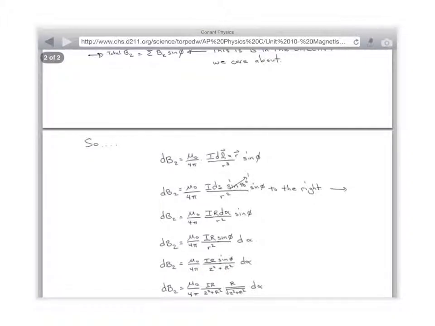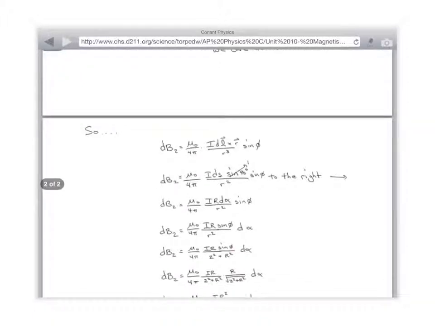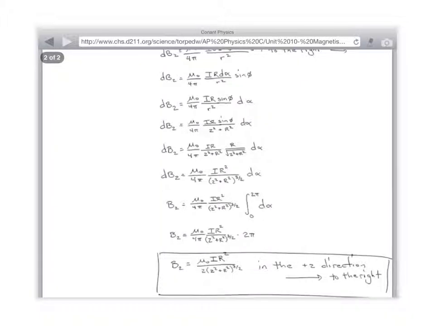So put that in. Then we replace that sine of phi with capital R over the square root of z squared plus R squared. Then do a little more simplifying. Combine the capital R's to get R squared. Combine the denominators to get z squared plus R squared to the 3/2.